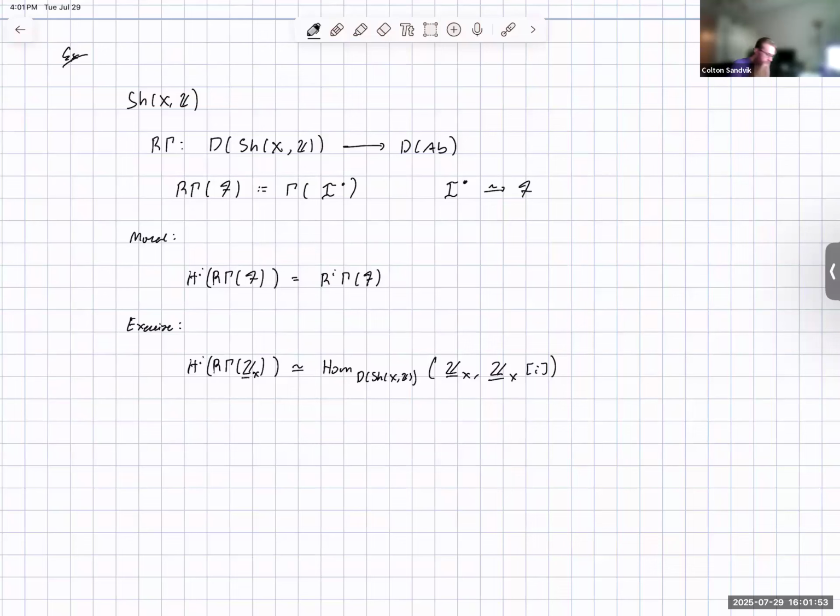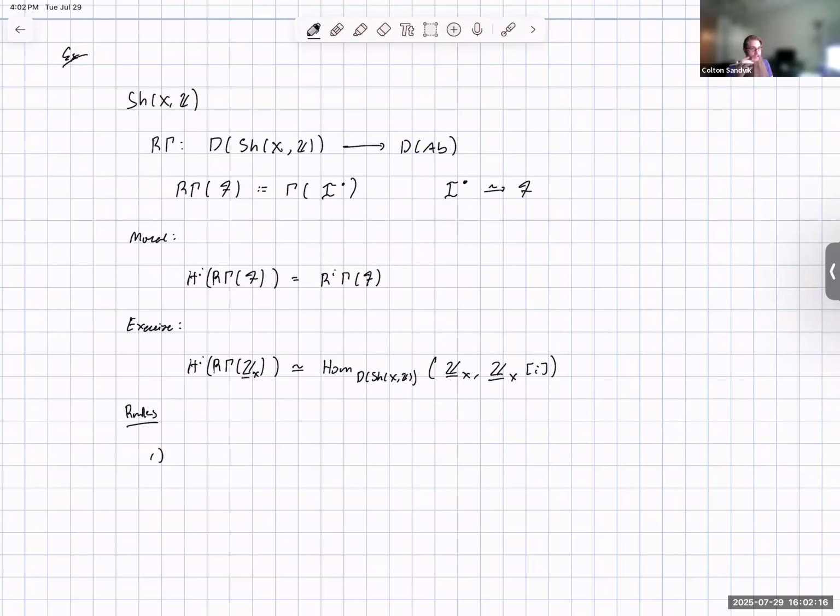And so a couple of remarks about this. The first is that if you work in the ordinary category of chain complexes, this is usually zero, right? The constant sheaf is concentrated in degree zero.